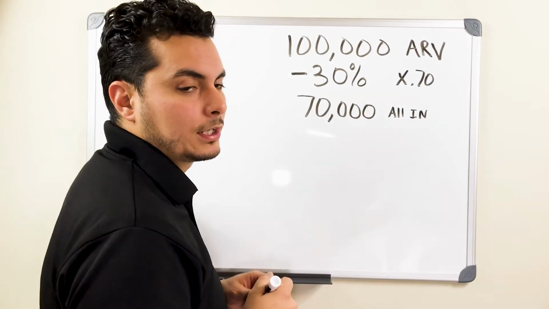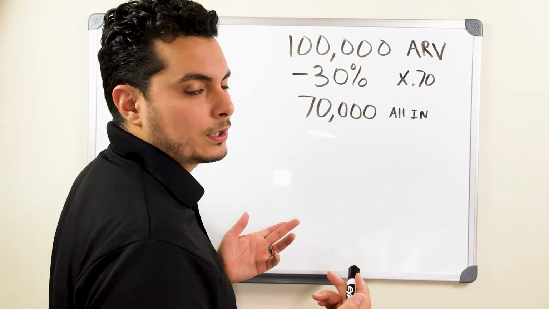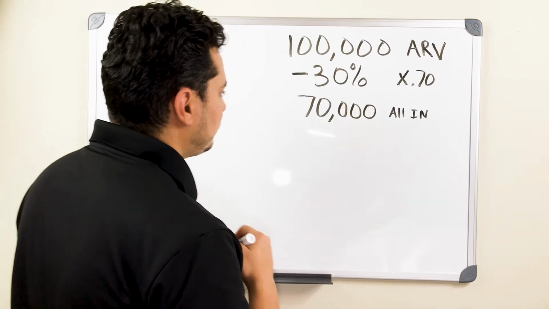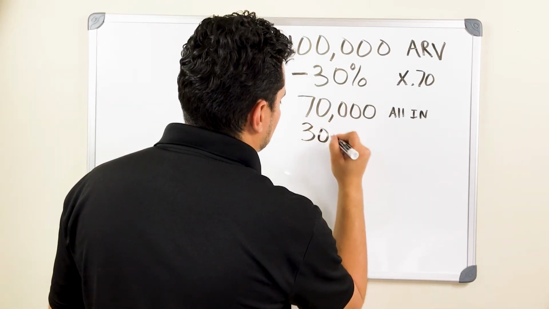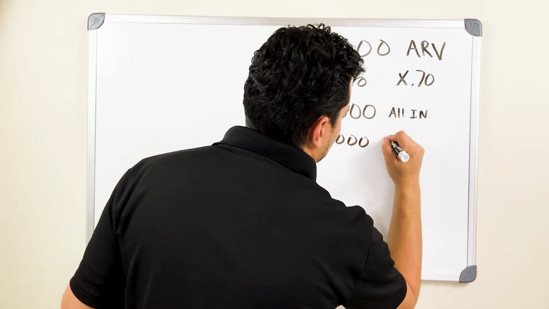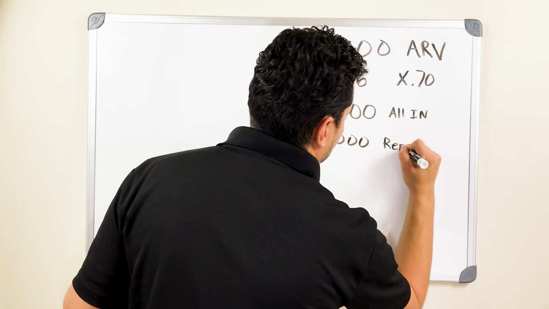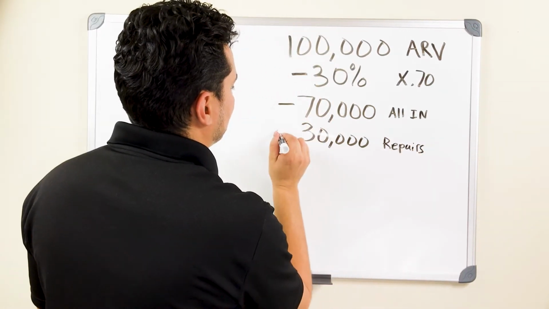So then we're going to subtract our repairs. Let's use 30,000 in repairs as an example. I forgot to put my minus signs there.